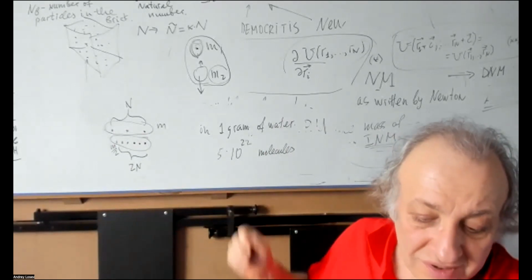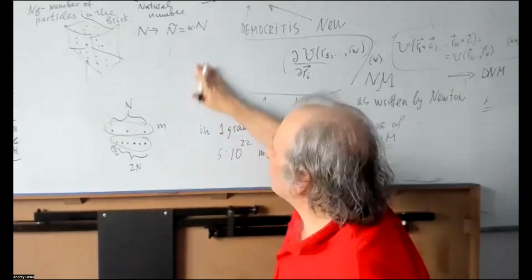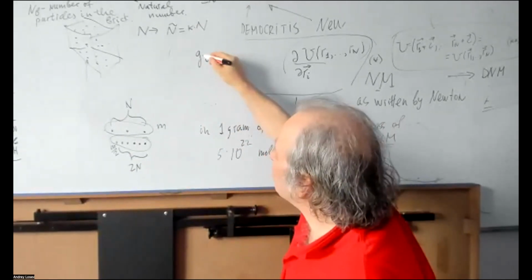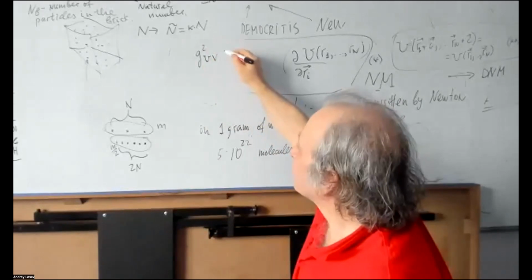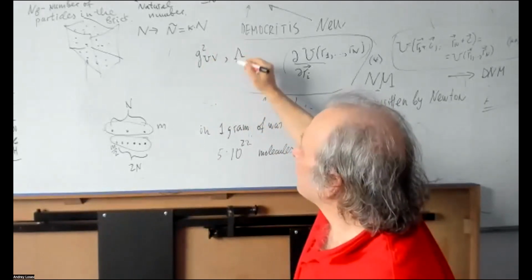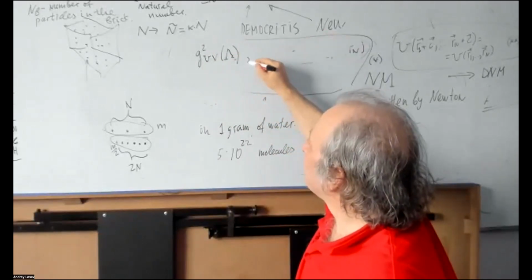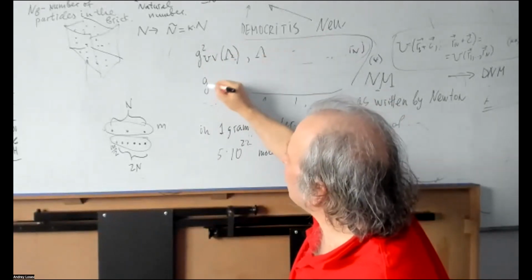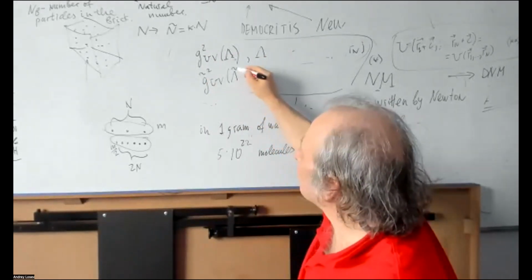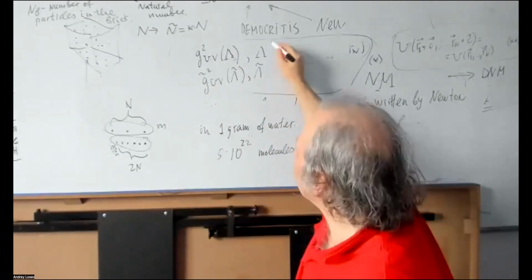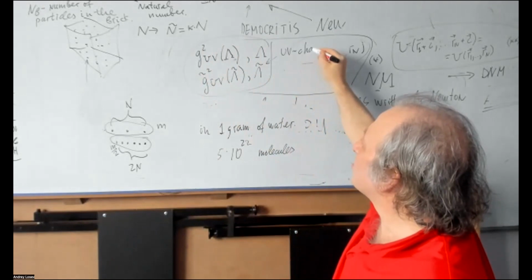So in quantum field theory, you may change the ultraviolet coupling constant and cutoff to another ultraviolet coupling constant and a new cutoff. So this is the ultraviolet change.